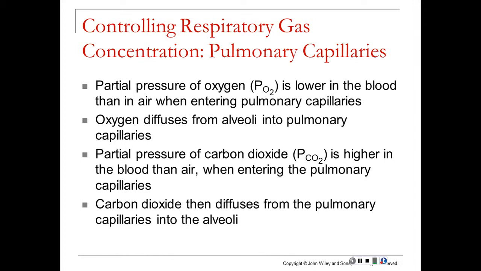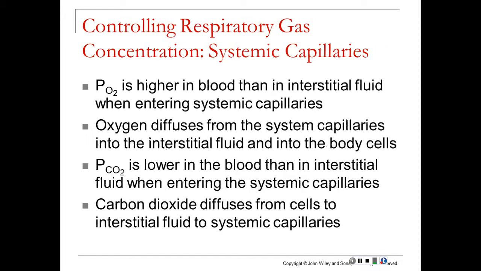So the oxygen is going to diffuse from the alveoli in the lungs into the pulmonary capillaries. Vice versa, partial pressure of carbon dioxide is higher in the blood than in the air, so the carbon dioxide is going to diffuse from the pulmonary capillaries into the alveoli, which is then where we exhale it, of course. The partial pressure of oxygen, that's abbreviated PO2, is higher in the blood than in the interstitial fluid when it's entering the systemic capillaries.